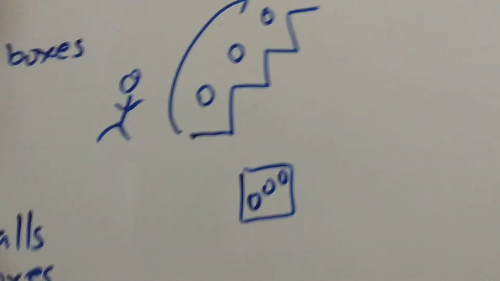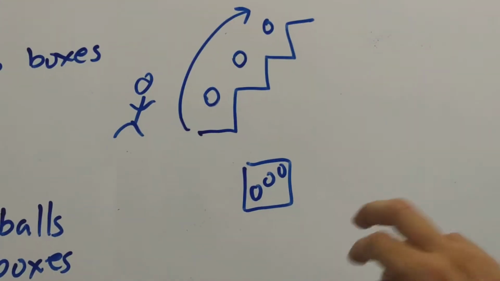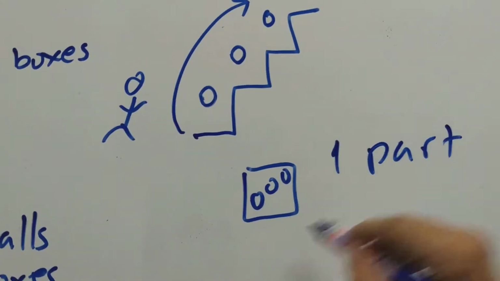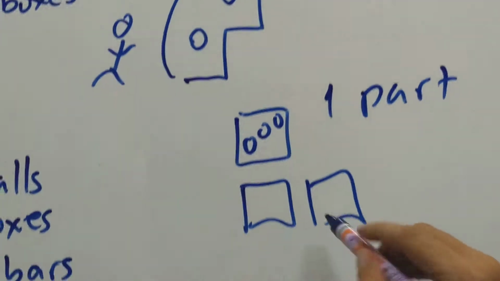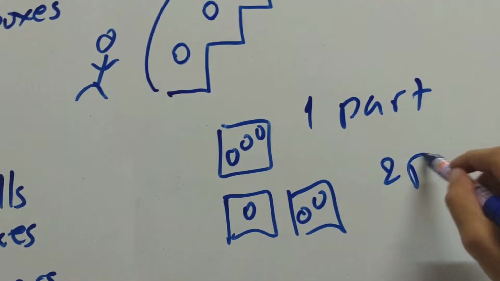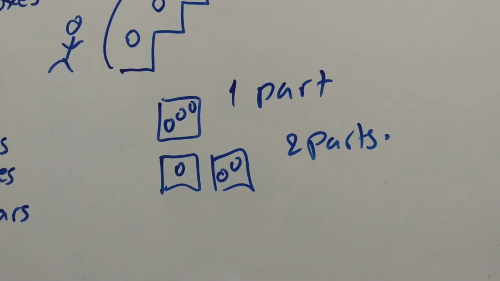He can do 1, 2, 3, however many steps he wants to do. So this is 1 part. What if I want to have 2 parts? Well, I can put 1 in here, 2 in here. Here's 2 parts, and so on.